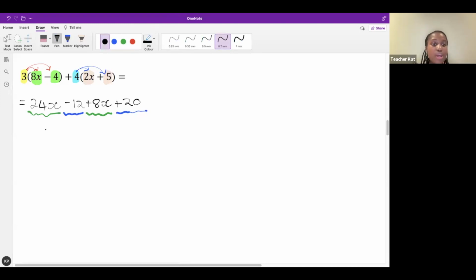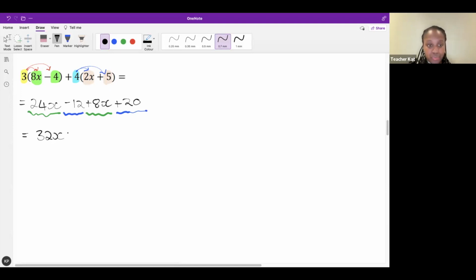Okay, 24x plus 8x. How much is 24x plus 8x? Nice. Equals 32x, not just 32, right? And then a negative 12 plus 20 will give me, it's like saying 12 minus 20.